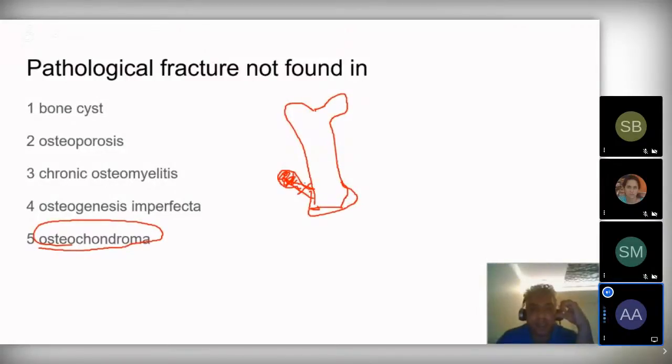There is a possibility of a fracture, but this doesn't cause a pathological fracture of the bone. Osteochondroma complications are malignant degeneration, or there can be a fracture of the stalk of the osteochondroma, not the bone per se. So this will be the appropriate answer in this question.